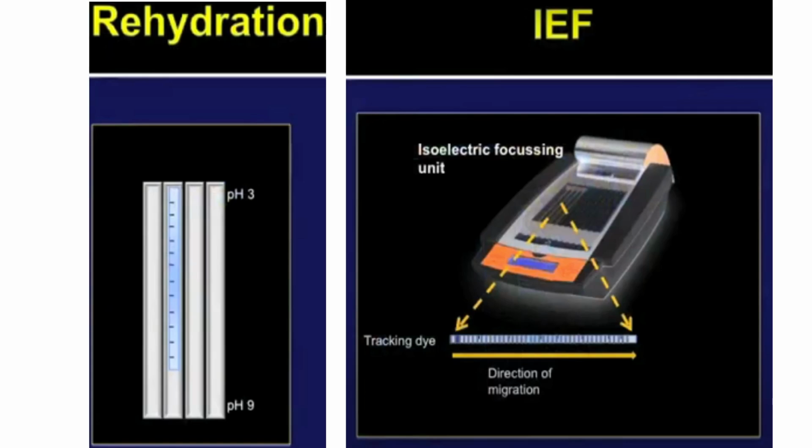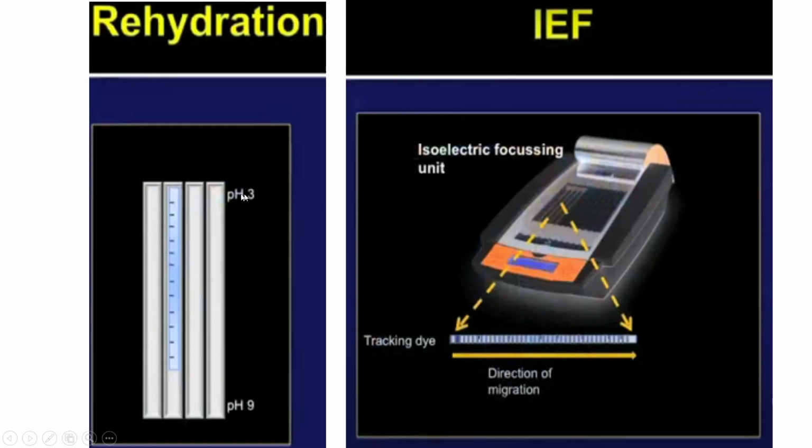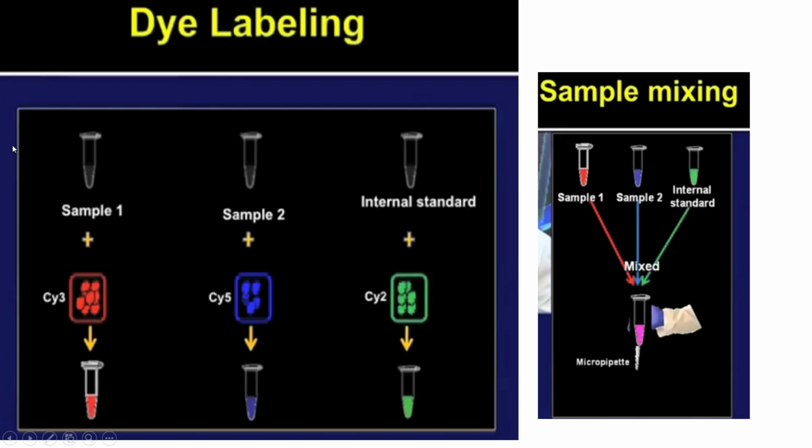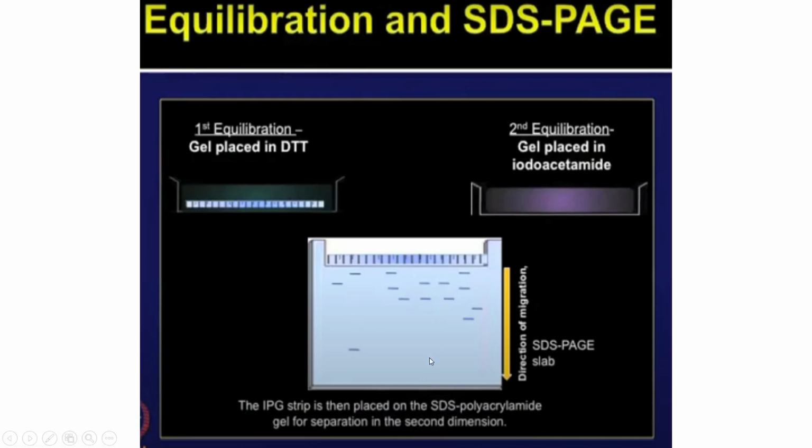Once you mix all three, you will do the same 2D electrophoresis, which is two-dimensional gel electrophoresis, the similar thing which we learned in our third week lecture. We'll do each and every step after this. The difference is that here we label first, and then do the isoelectric focusing, similar to what we did with two-dimensional electrophoresis, and then run the gel after equilibration.